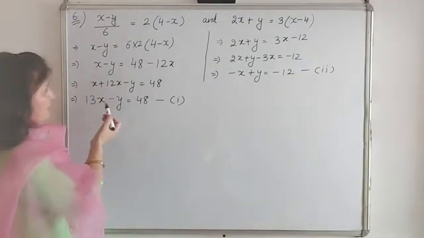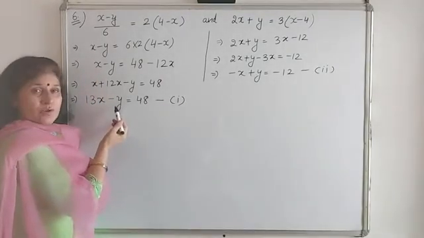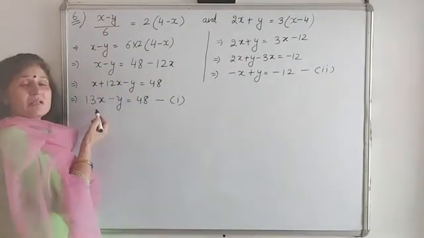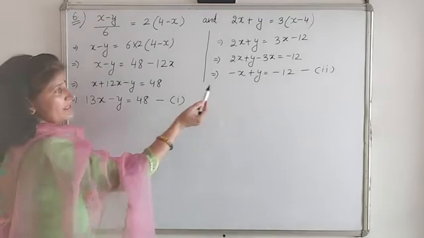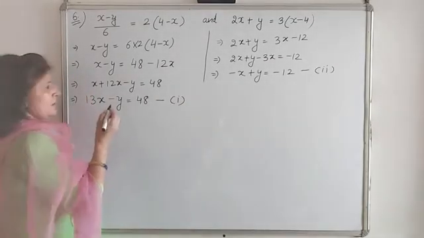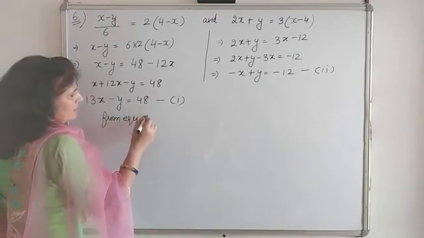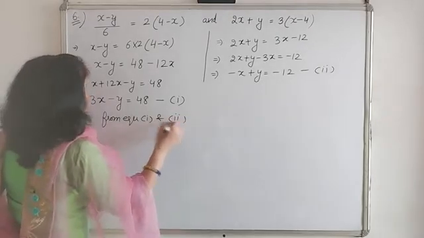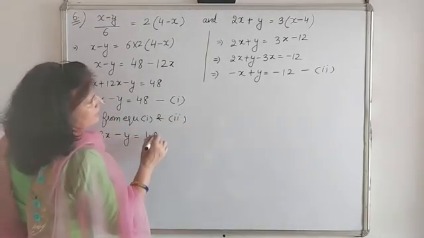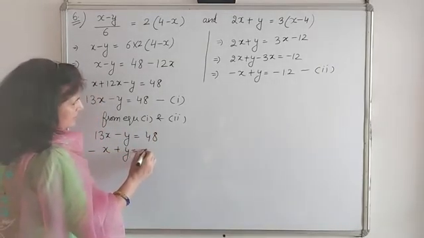You can see here y, both are having the same coefficient. Here also 1y, here also 1y. So no need to multiply. If you want to cancel x first, that time you have to multiply this equation by 13, because here it is 13. Okay. So from equation first and second, 13x minus y is 48, minus x plus y is minus 12.